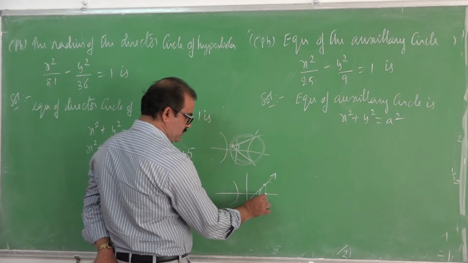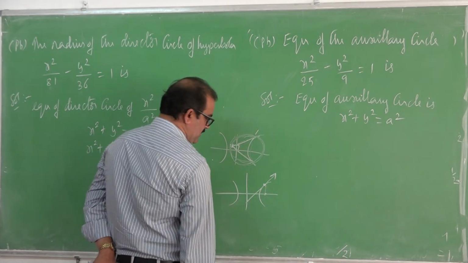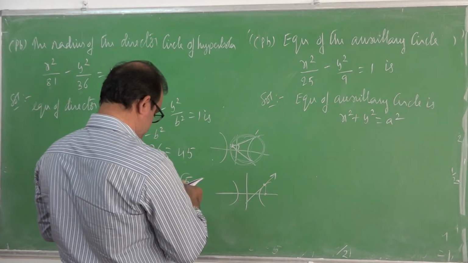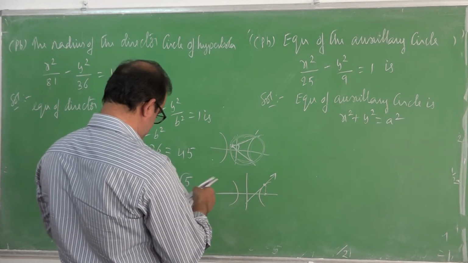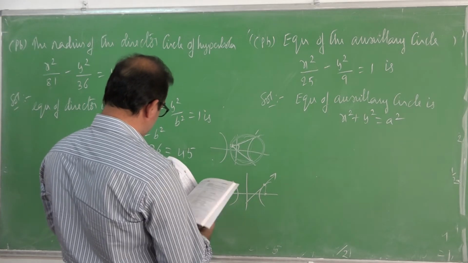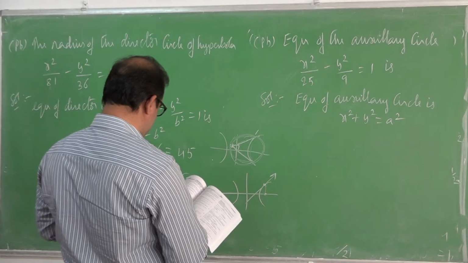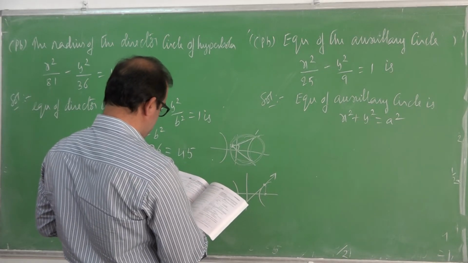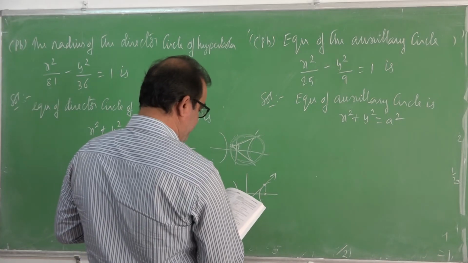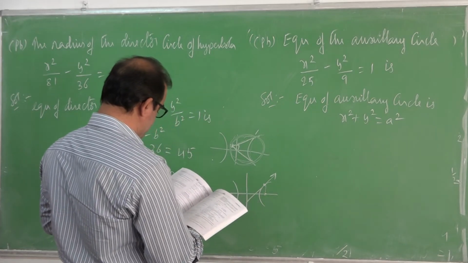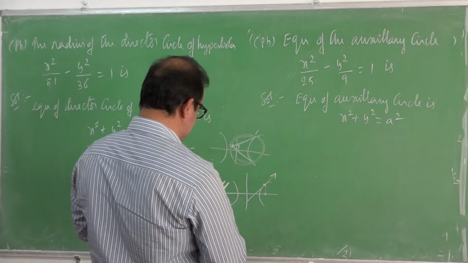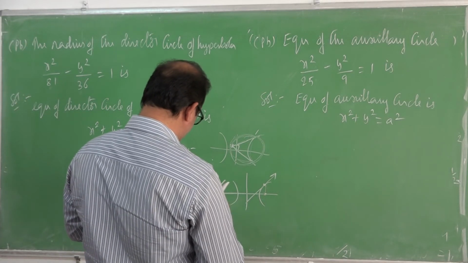The locus of this point is called the auxiliary circle. The definitions are clearly given in the synopsis, what is meant by director circle and what is meant by auxiliary circle. You read the definitions thoroughly.